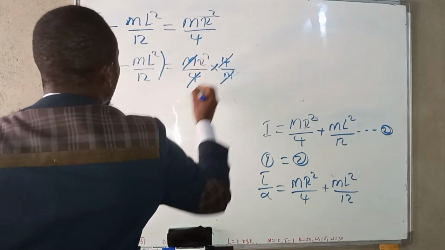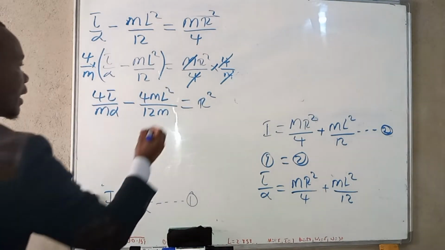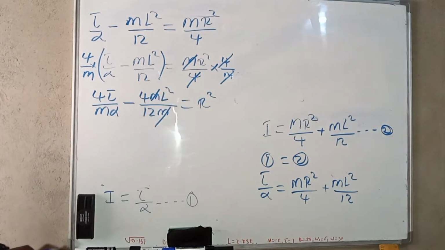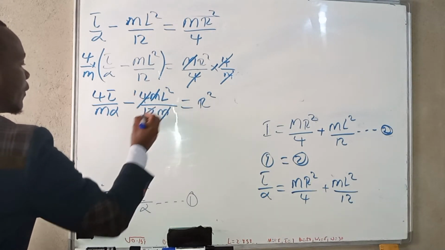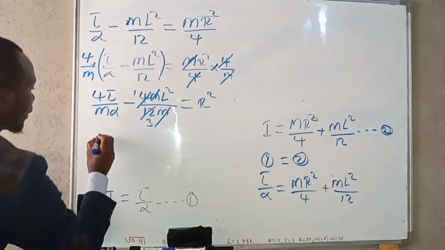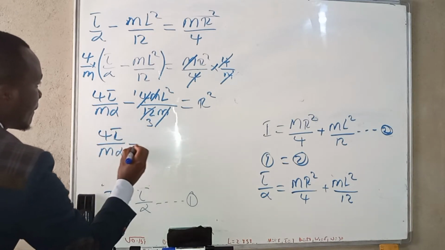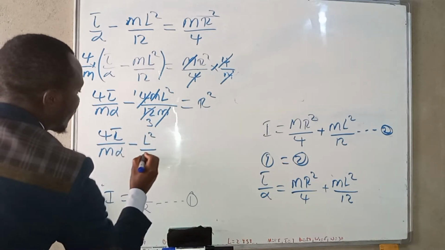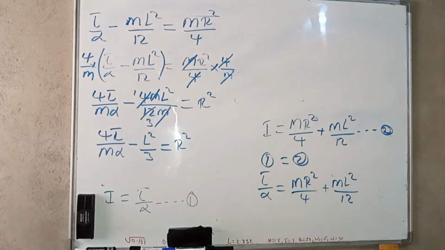So m and m will go, and 4 into 4 is 1, 4 into 12 is 3. So here we're going to have 4 torque over m alpha minus L squared over 3. This should give us R squared.